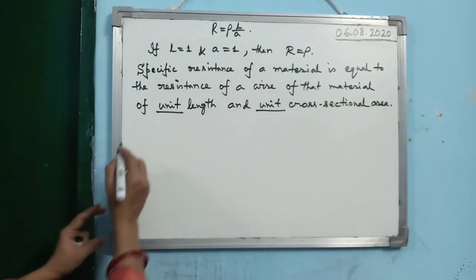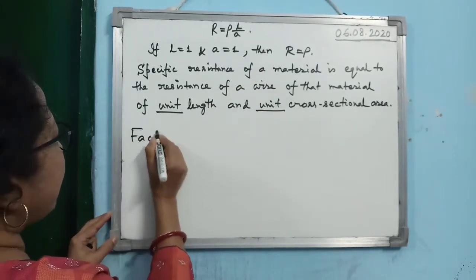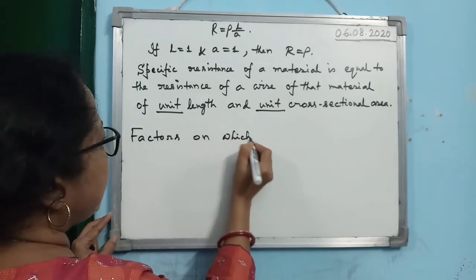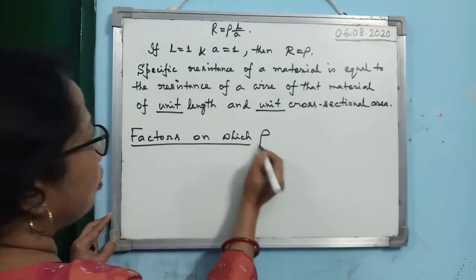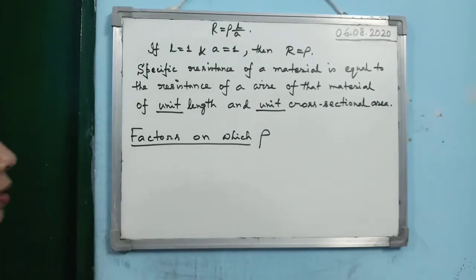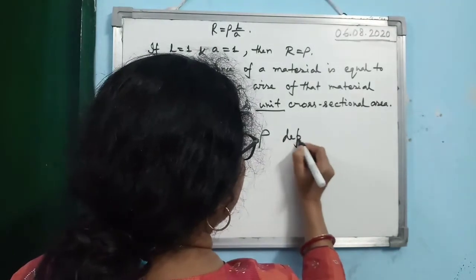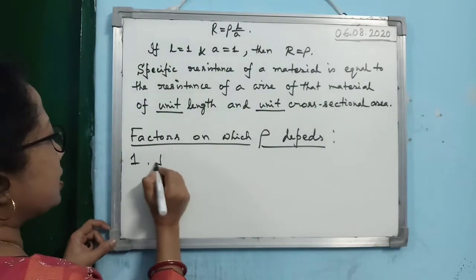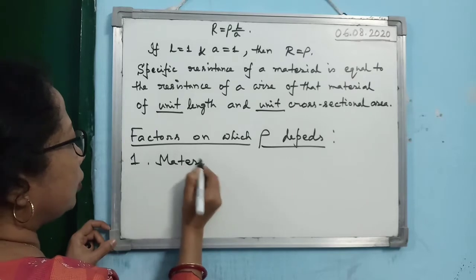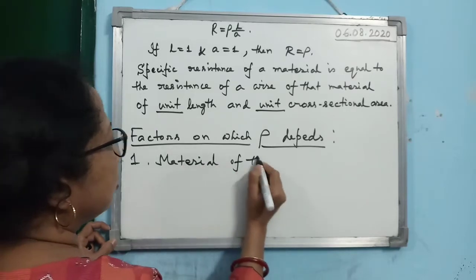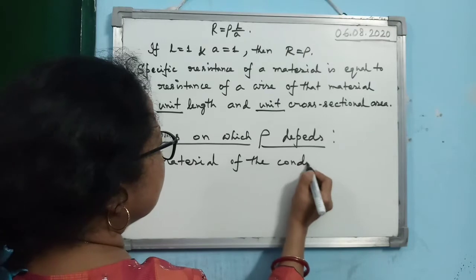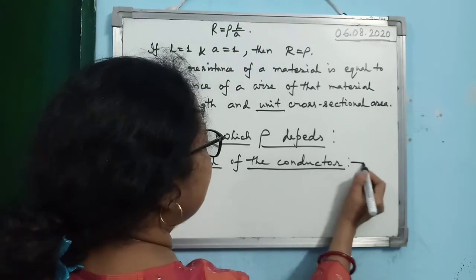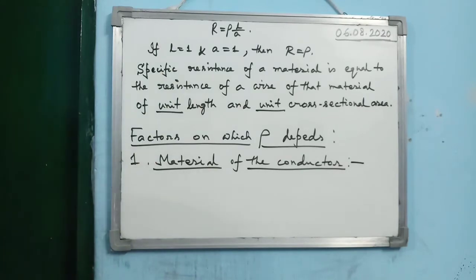From this it is clear that the factors on which specific resistance depends, I am writing rho here in short, but rho is specific resistance. First factor is the material of the conductor. For different materials, specific resistance is different.